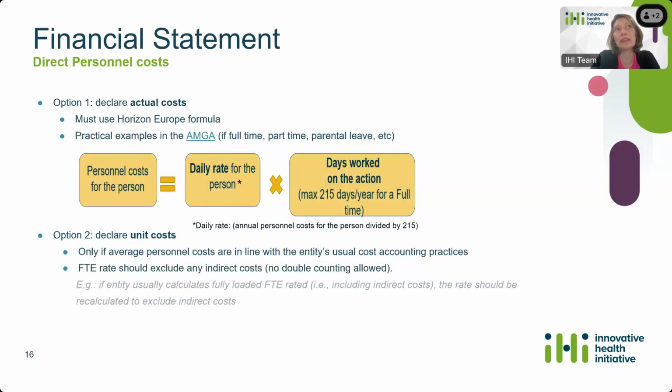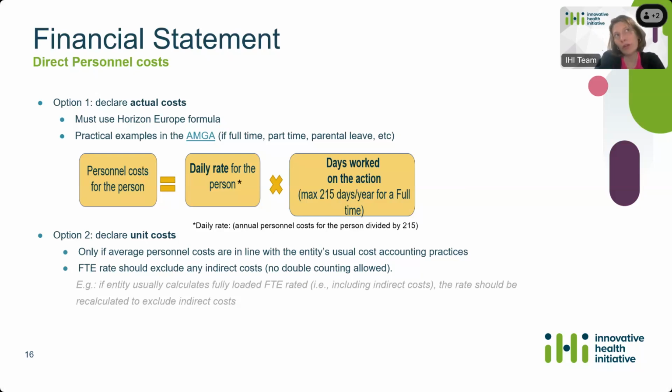In case you declare your personnel cost as actual cost, you must use the formula from the Horizon Europe Model Grant Agreement. You have quite a lot of concrete examples in the annotated Model Grant Agreement: in case you have a person working full-time or part-time, in case you have parental leave, and how to deal with this. There are many explanations on how to calculate this correctly.